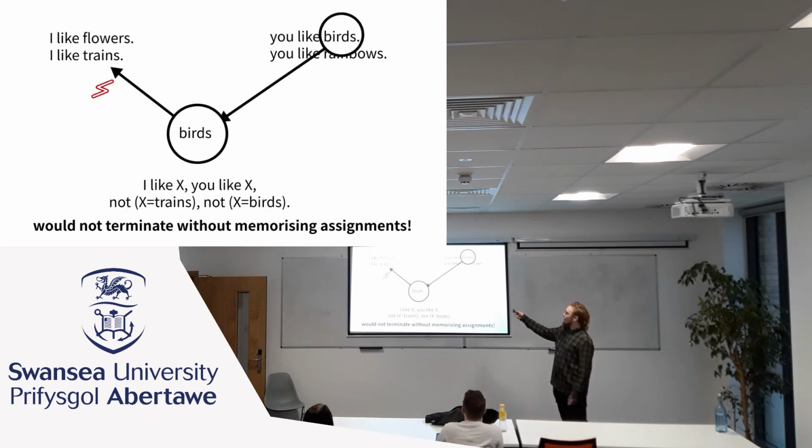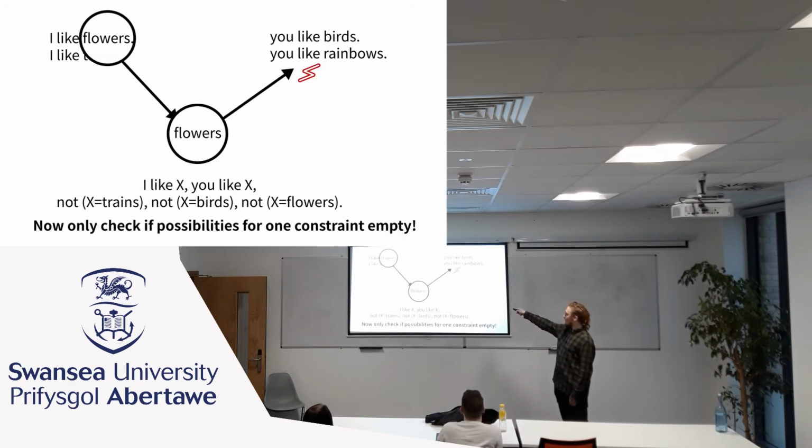Then we propagate back. This one still works because there's a value left here. We say it can't be birds. Now we know it can't be flowers because there's something. Now this error would try to propagate back, but there are no more values left that we can put into this middle variable, right? Because the trains and the flowers from this table, we've already shown them not to fit.